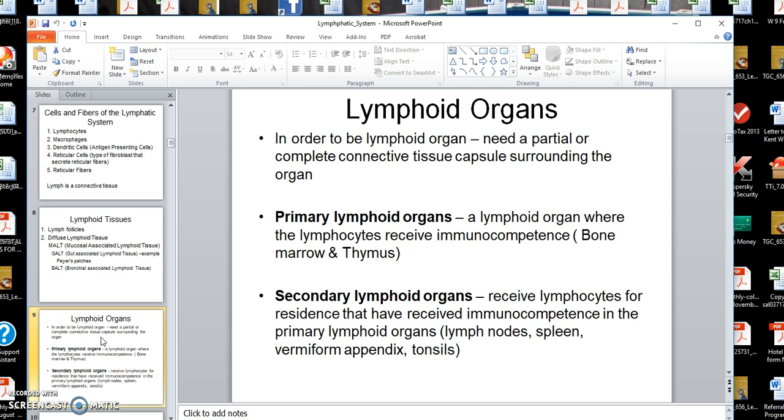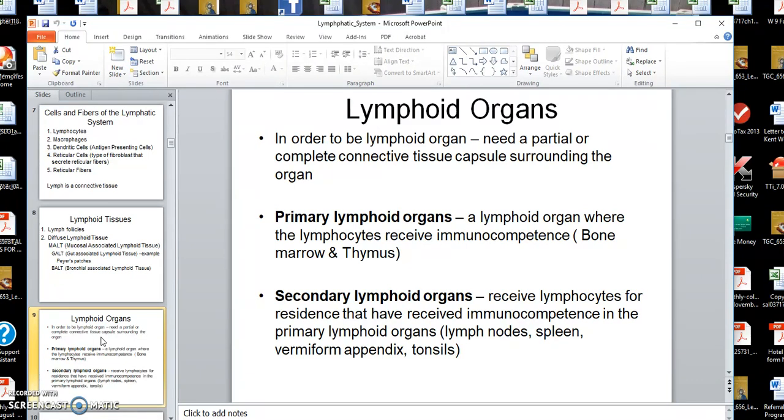The primary lymphoid organs are where lymphocytes obtain immunocompetence that we'll talk about in the immune chapter. But immunocompetence is basically, let's say, an educational activity for newly developed lymphocytes.